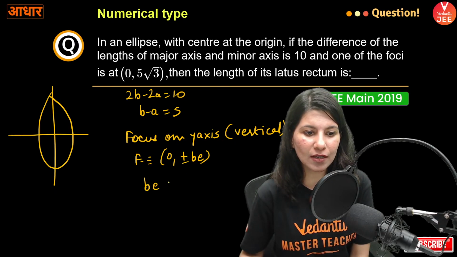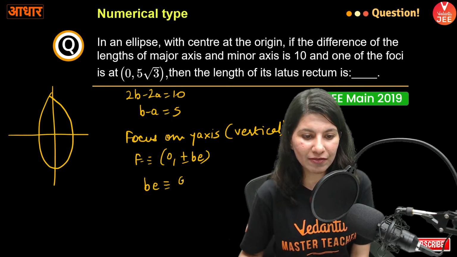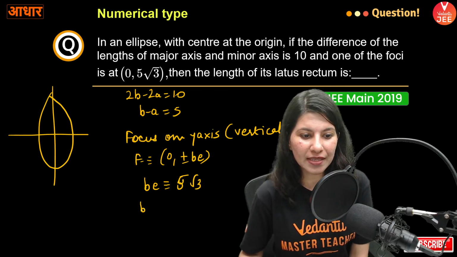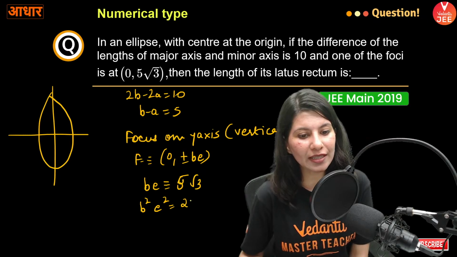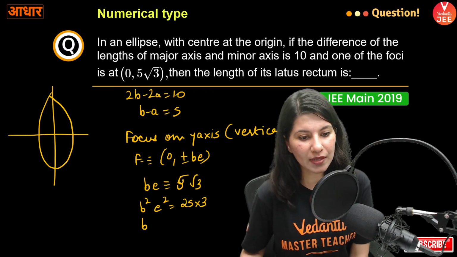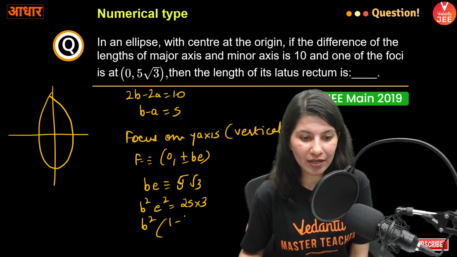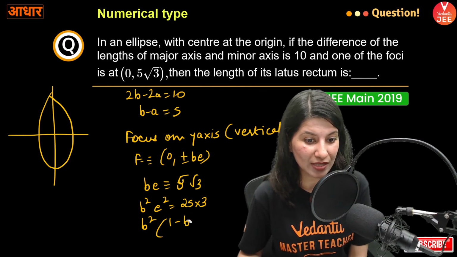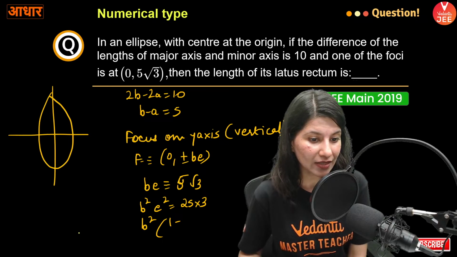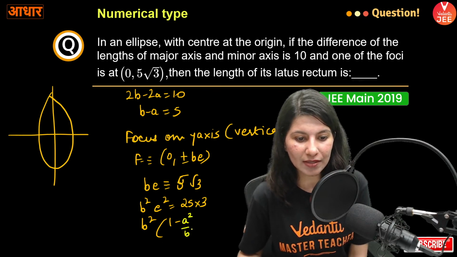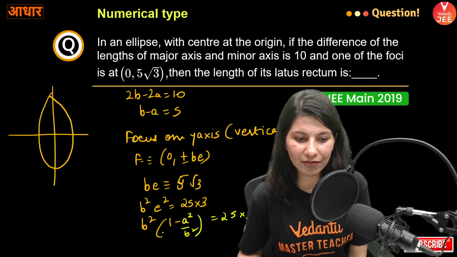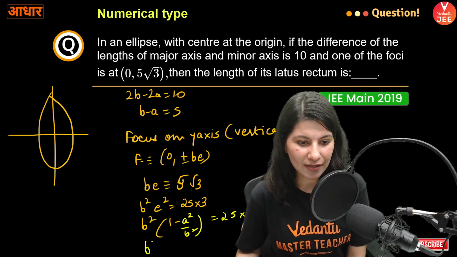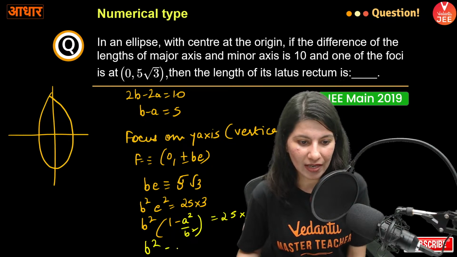So BE over here will be 5 root 3. So B square E square will be 25 into 3. So B square E square is B square into (1 minus A square by B square), because this is a vertical ellipse, right? And this is your 25 into 3, 75. So yes, B square minus A square is 75 if you multiply.